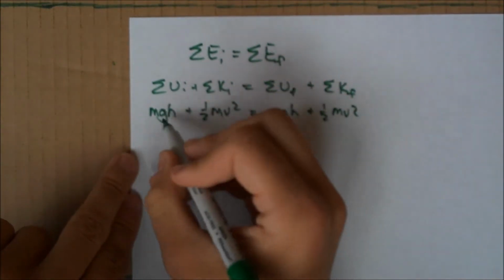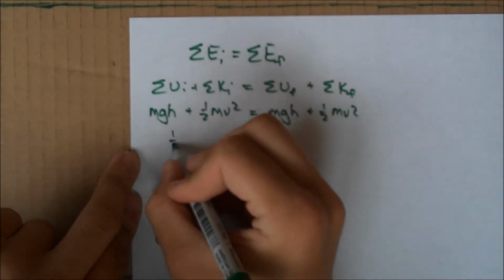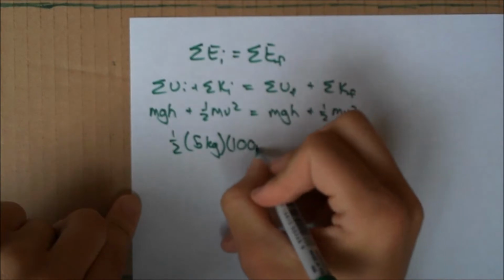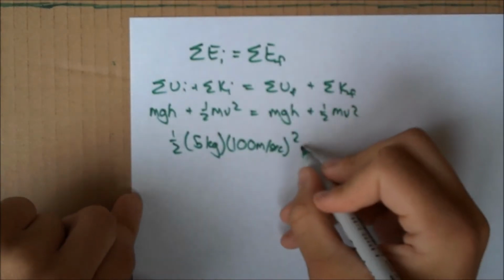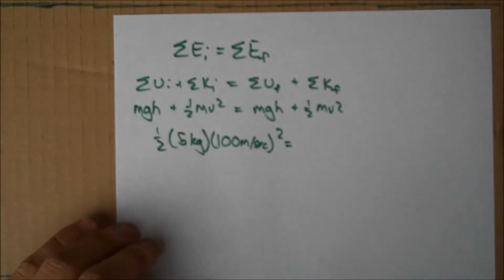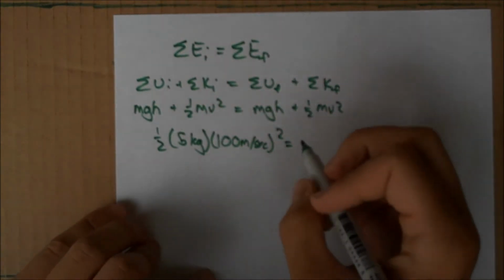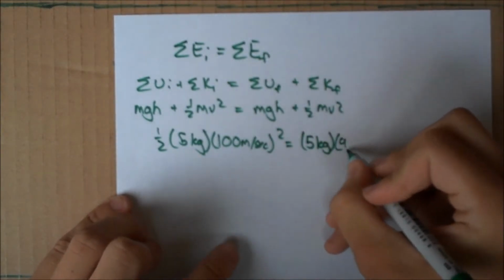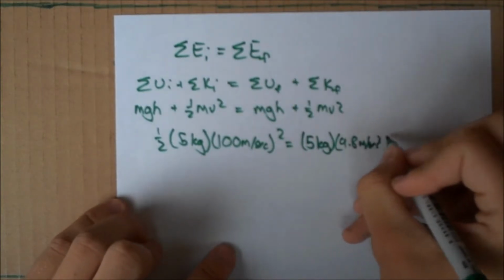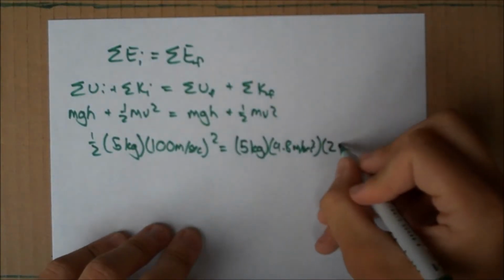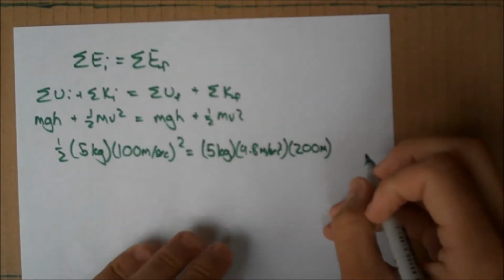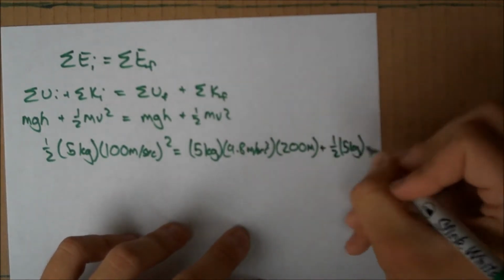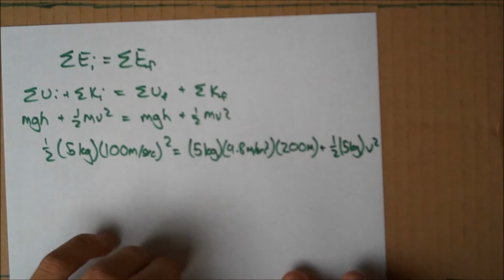The initial energy has no potential energy since it's starting at the ground, so it's the same as the last problem: 1/2 times 5 kilograms times 100 meters per second squared. This time we do have potential and kinetic energy as it is going up. So we'll have 5 kilograms times 9.8 meters per second squared times our given height of 200 meters, plus 1/2 times 5 kilograms times v squared, which is what we are going to solve for.